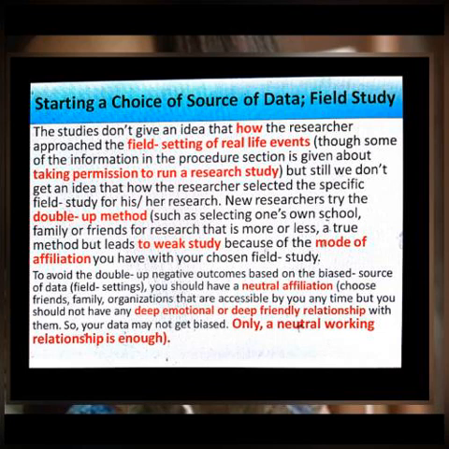So, how to avoid the weakness of the double up method? To avoid the double up negative outcomes based on the biased sources of the data, or the field settings, or the field study, you should have a neutral affiliation.